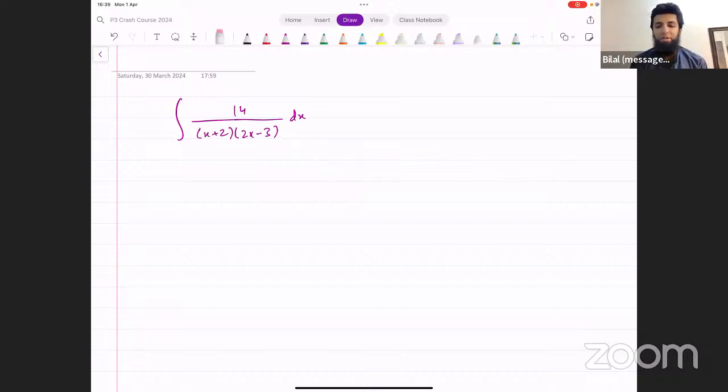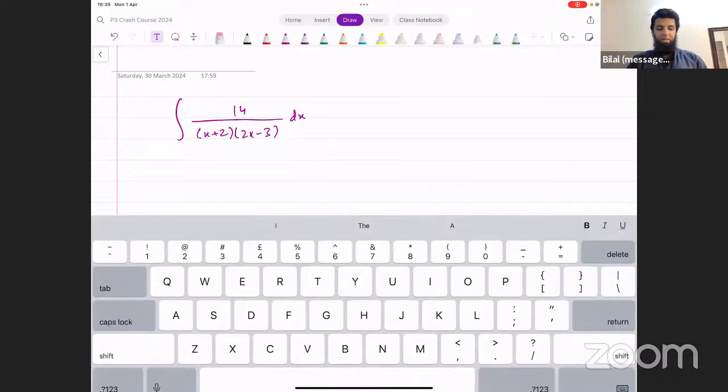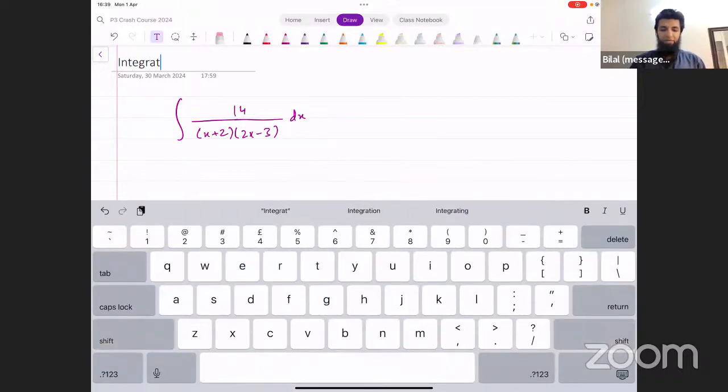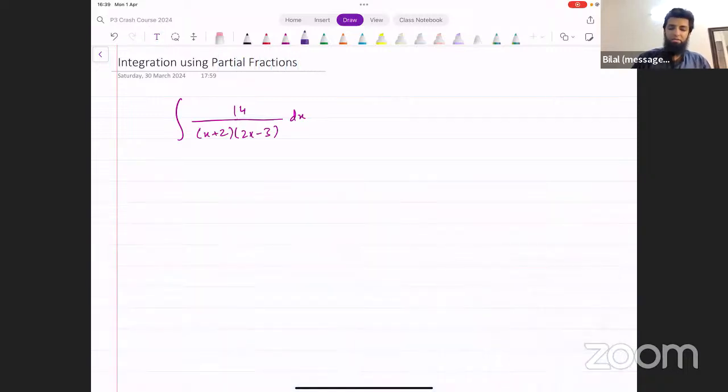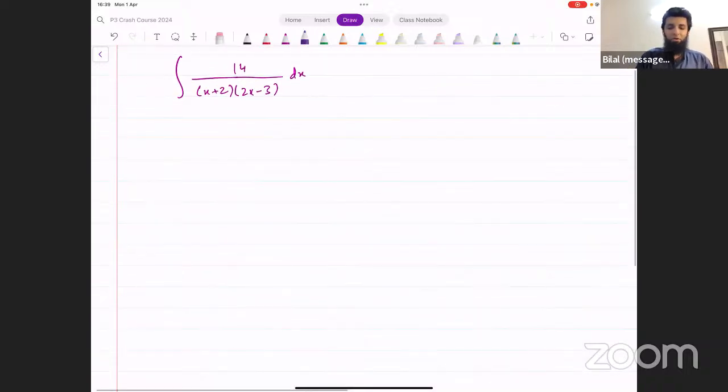Now here comes another method for integrating fractions, and that is by using partial fractions. Let me write that down here. Integration using partial fractions. This is another possible method that you have. Now, what would you do?